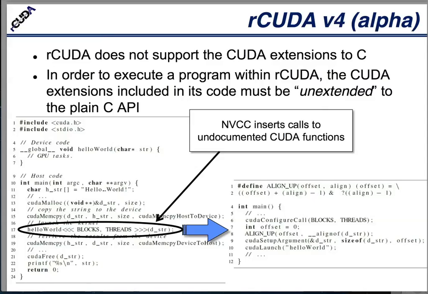We don't support those extensions because they are supported by the original CUDA with internal functions which are undocumented. So in order for these constructs to work in rCUDA, we had to manually translate this into the plain C API in order to compile it with regular C compilers such as GCC.